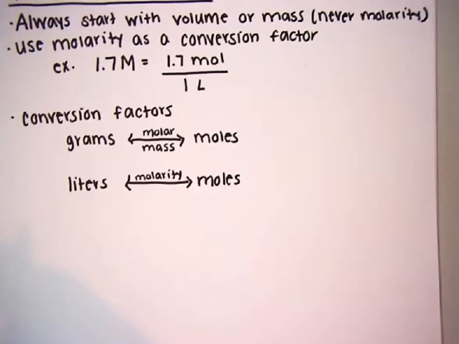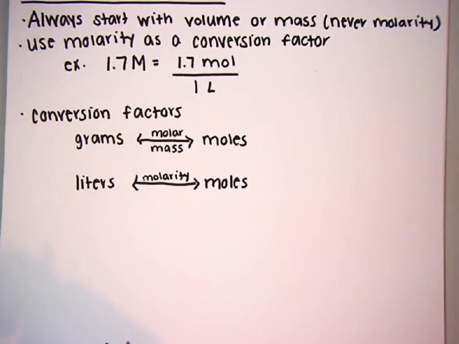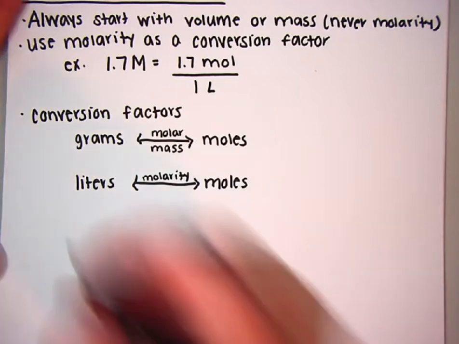Let's say we're converting between two different substances. I give you a quantity of reactant and I want to know how many grams of product could be made.